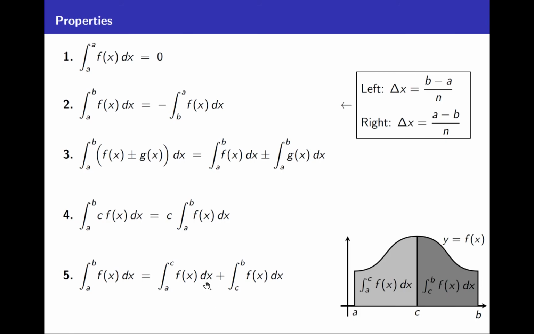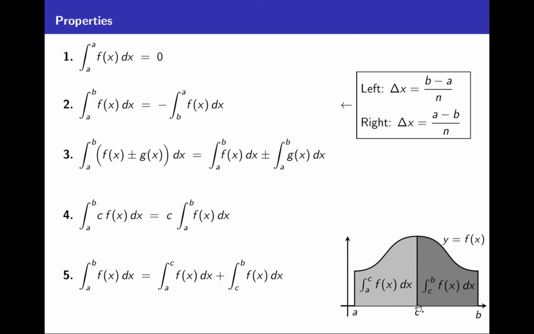Now, where this is coming from is given by the following picture. Here's the interval from a to b with a c somewhere between a and b. In this picture, this first little piece of shaded area is the integral from a to c of f of x dx. You're integrating from a to c.